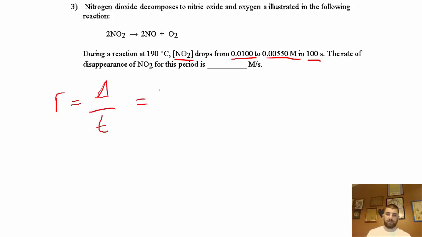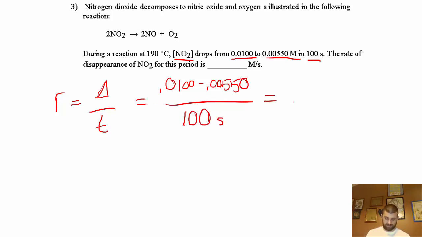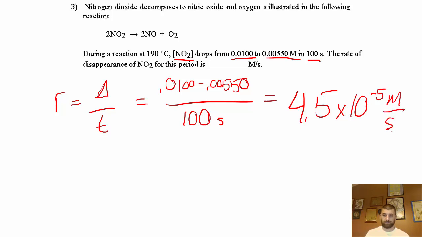So the change is going to be the difference between 0.0100 and 0.00550, all over the time, which is 100 seconds. And we get 4.5 times 10 to the negative 5th molar per second. Right? Just plugged and chugged.